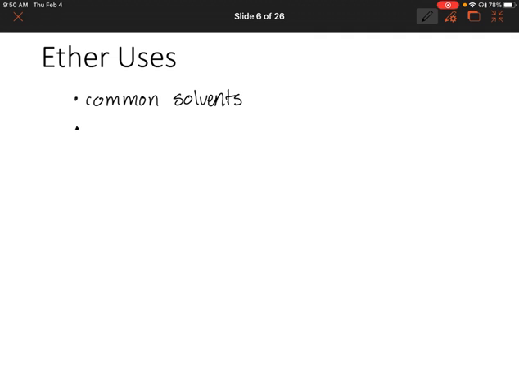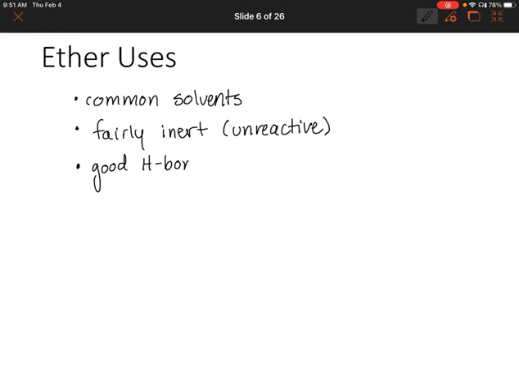So we would say that they're inert. Additionally, they're good hydrogen bond acceptors, as we talked about earlier. Although they're not H-bond donors because they don't have a hydrogen attached.